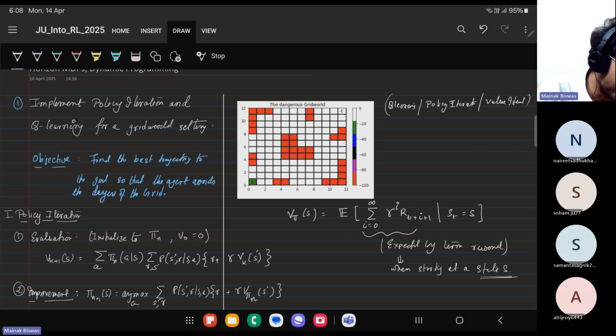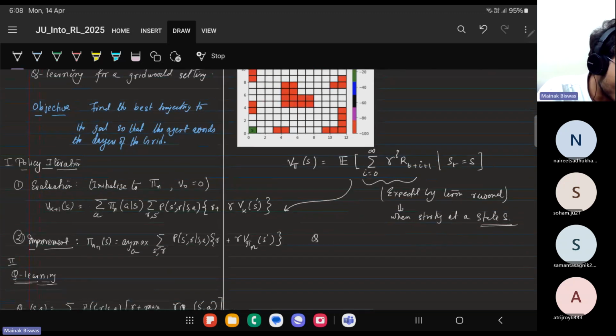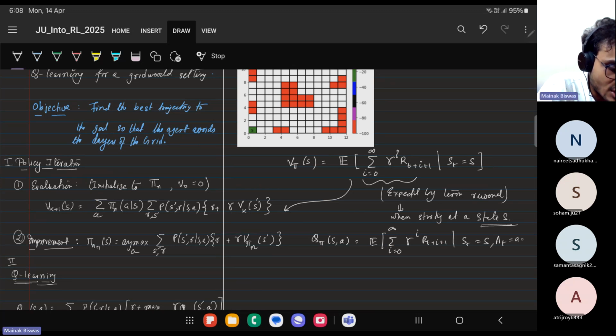And then we had found two equations using the Q value function. One was Q of s comma a, again, recall, the expected reward such that s_t was s and the action at time t was a.